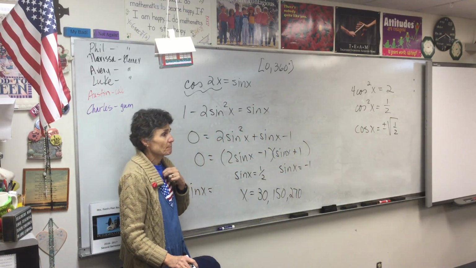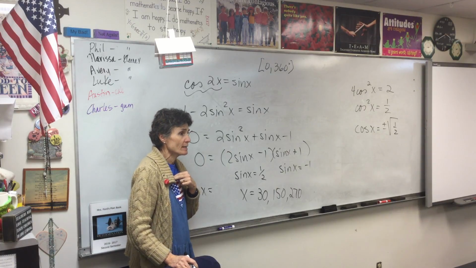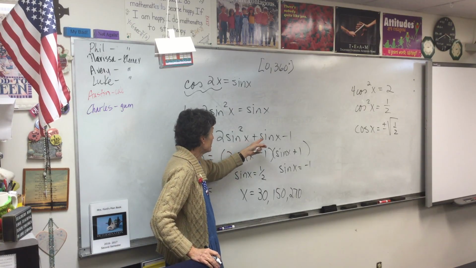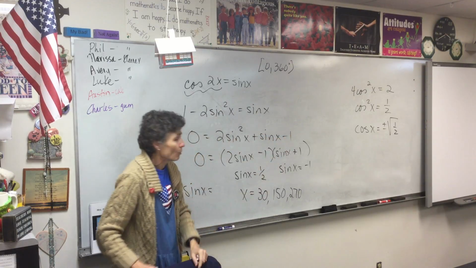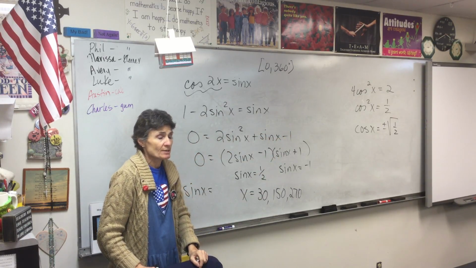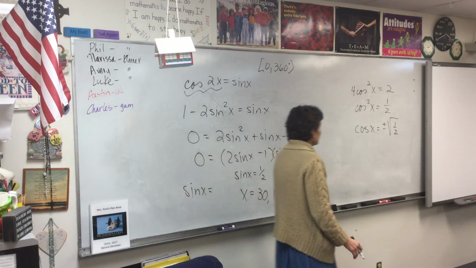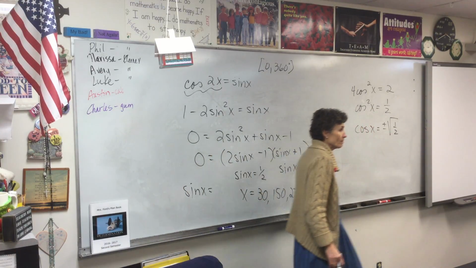That's a perfectly acceptable way of solving equations, right? Now I couldn't do it over here because I had this guy messing everything up, but you're allowed to take the square root of both sides. Just remember when you do, it is plus or minus.